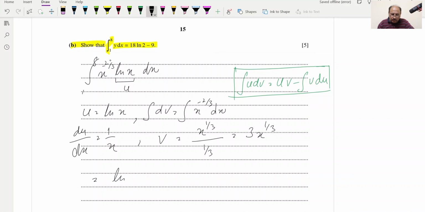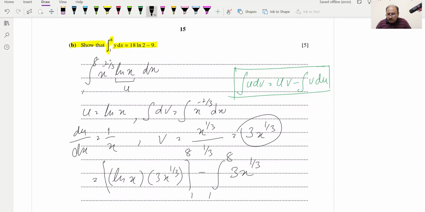So u is log x and v is this one which we found, so we can put in brackets 3x raised to 1 by 3, with limits 1 to 8, and we can write minus integral 1 to 8 of v du. So it will be 3x raised to 1 by 3 and 1 over x, this one dx.